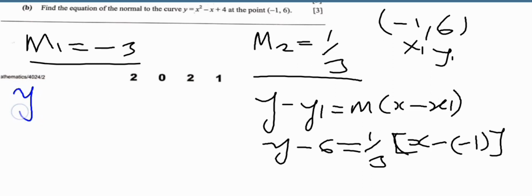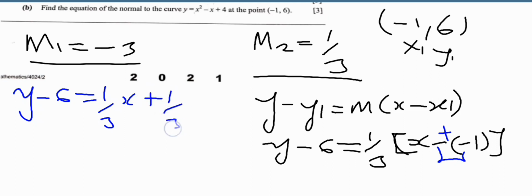So we are going to have y minus 6 being equal to, so 1 over 3 multiplied by x, we are going to get 1 over 3x. Then 1 over 3 multiplied by, so here we are going to have positive 1. Since negative multiplied by negative, that is positive. So here we have positive. So 1 over 3 multiplied by positive 1, we need to get 1 over 3.